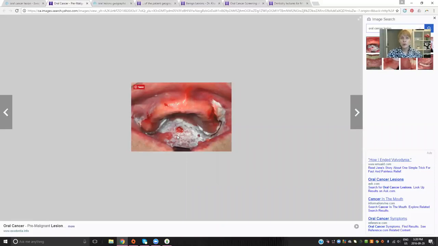That isn't normal. So if I saw that inside the mouth, I wouldn't say to them, this could be oral cancer, give it a couple weeks, if it's still there, let us know. No. If I saw something like this, I would say, let me speak to the dentist. He or she will be in right away, and we will likely refer you to an oral pathologist to have it looked at.